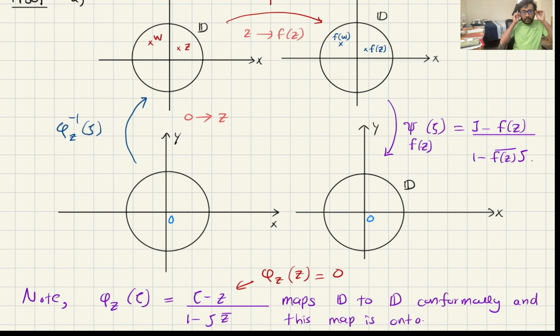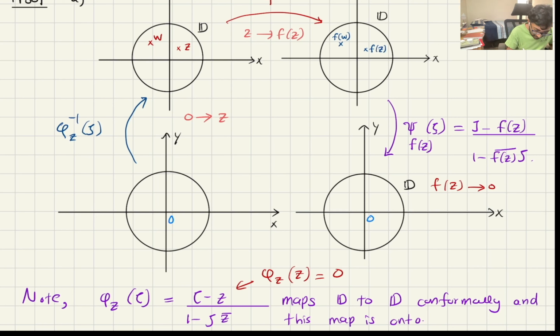What does this map do? It maps f(z) to 0. So finally I have a map from 0 to 0.